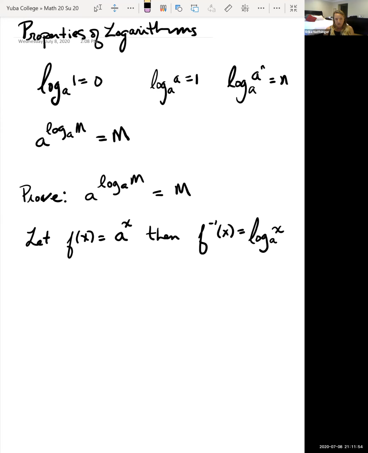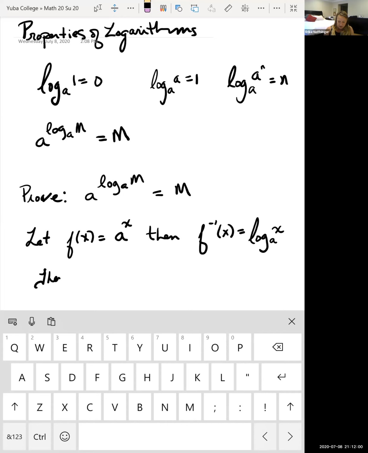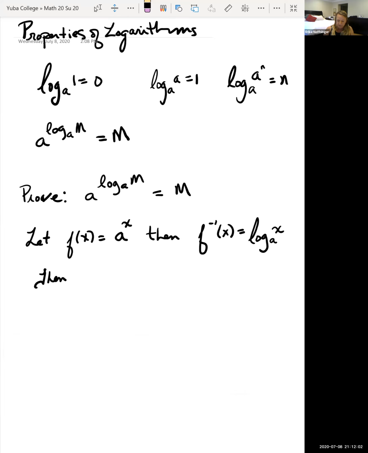If functions are inverses of one another, then we also know that if we take the composition of f and f inverse of x, this has to equal x.